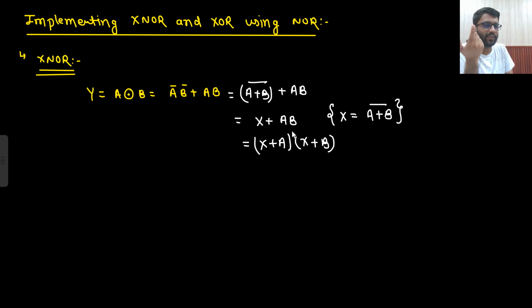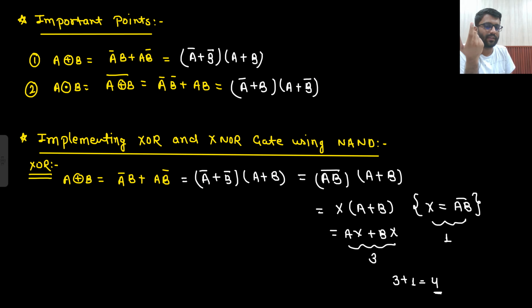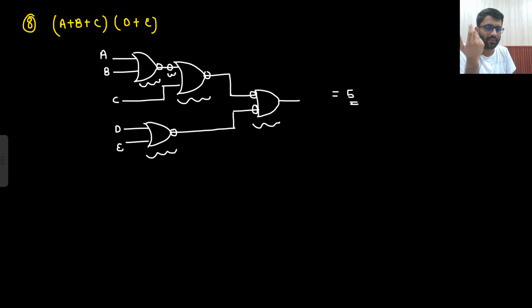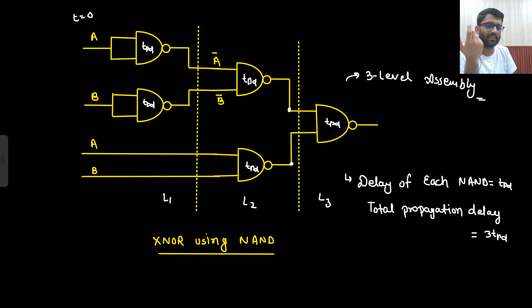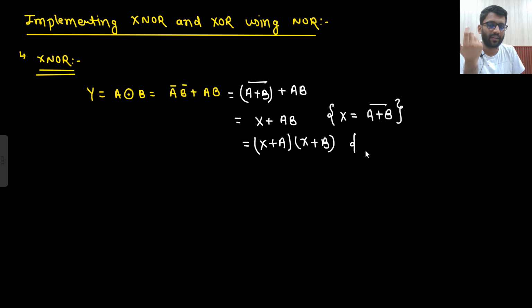How did I write (X plus A) into (X plus B)? By the consensus theorem. I taught this theorem here. X plus AB, so (X plus A) into (X plus B). Here I am writing X plus AB, or I can write P plus QR. P plus QR is equal to (P plus Q) into (P plus R).